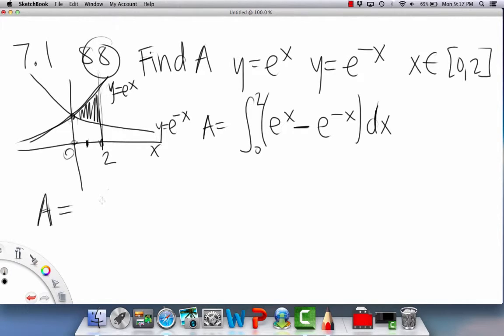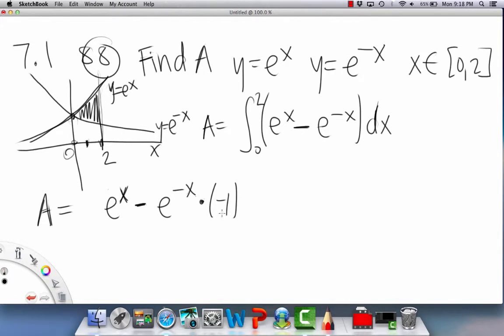So we know that the integral of e to the x is just e to the x, and then minus, we write e to the negative x, and then times the chain rule of that, right? Because we need that to reverse it into this.